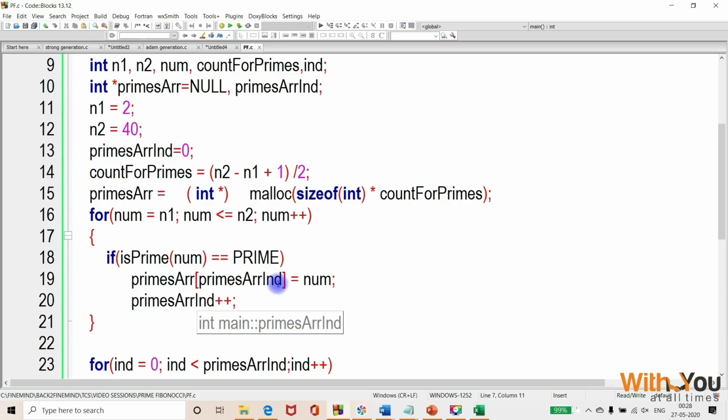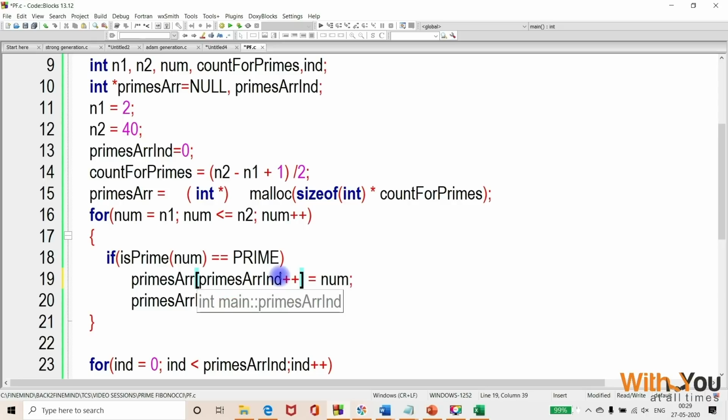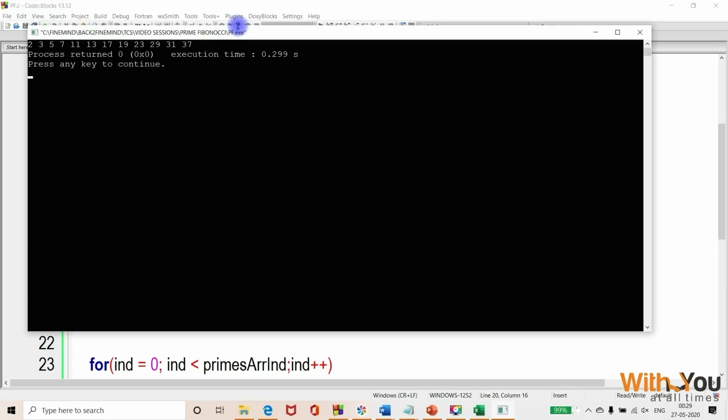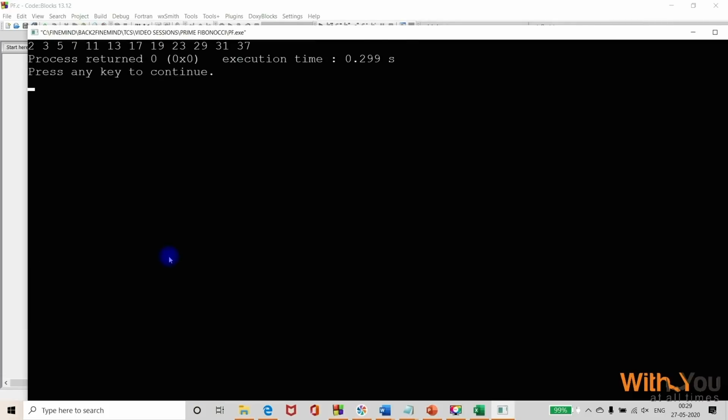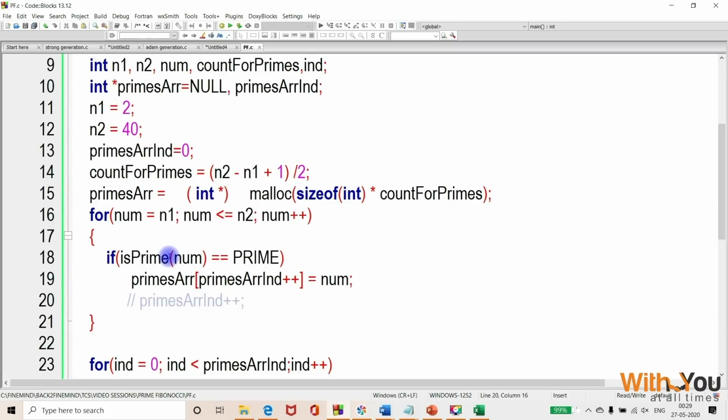Okay, or shall we just make this plus plus and comment it and see if this is working? Let's check it out. That's where we made a mistake. So 2, 3, 5, 7, is it visible for you? Let me make it a little more comfortable for you. That's much better. 2, 3, 5, 7, 11, 13, 17, 19, 23. Exactly. So my first task is over.